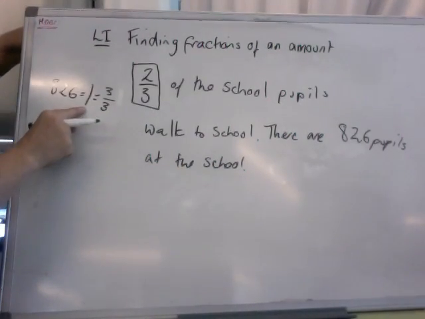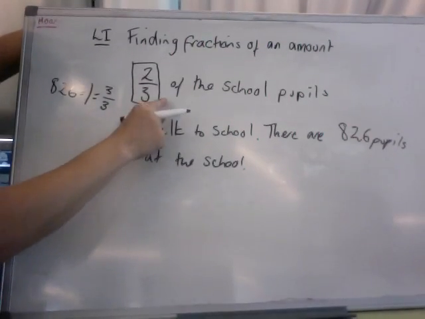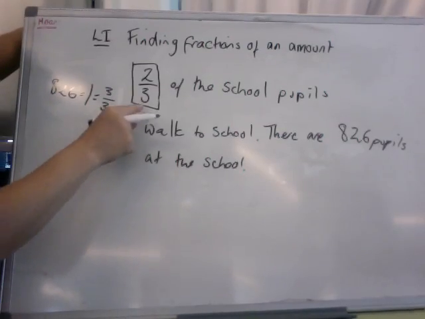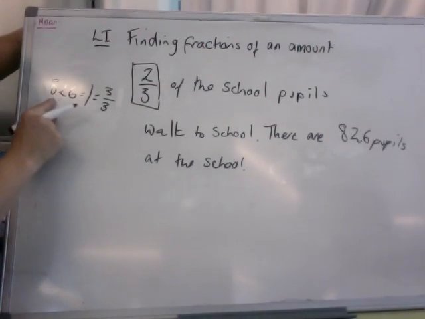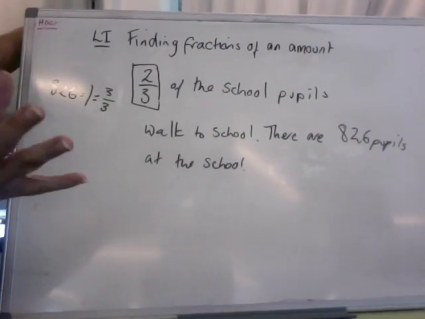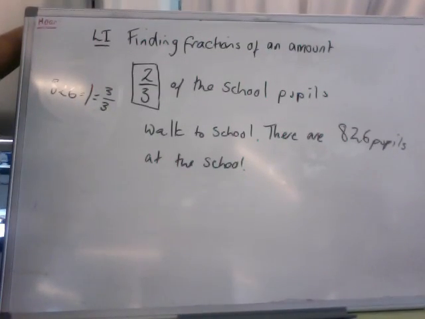It's the whole number that we're talking about, and we want to find 2/3. Is our answer going to be bigger or smaller than 826? Smaller. Why is that? Because there's only 2/3 and this is 3/3, so 1/3 will be missing.